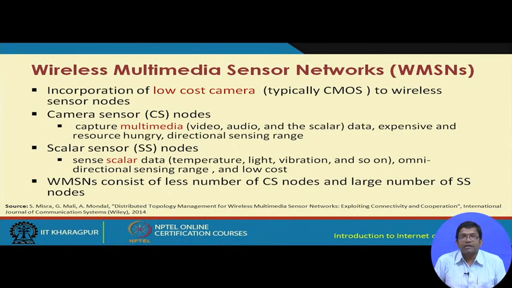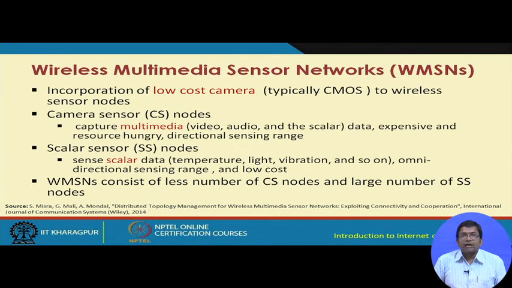The first is basically target tracking, second is agriculture, and in agriculture what we have just gone through is detecting intrusions in an agricultural field. We could, as I told you also, use different types of sensors to monitor the soil conditions with respect to moisture content, water level content, and so on and so forth. And correspondingly, if let us say the soil parameters have gone down or are below a certain desired level, then the field is going to be irrigated.